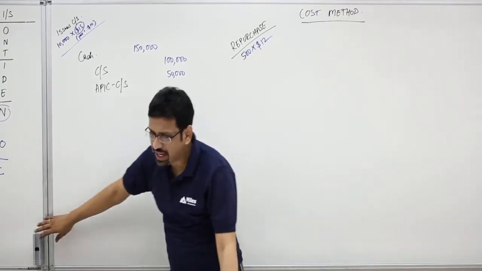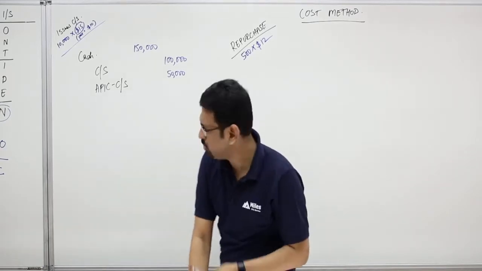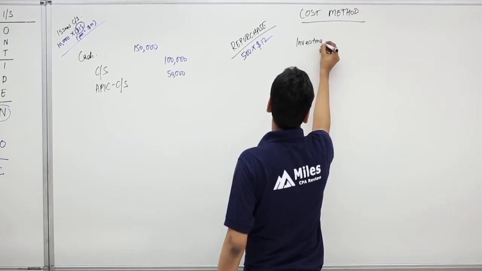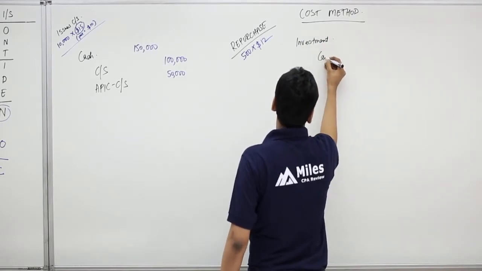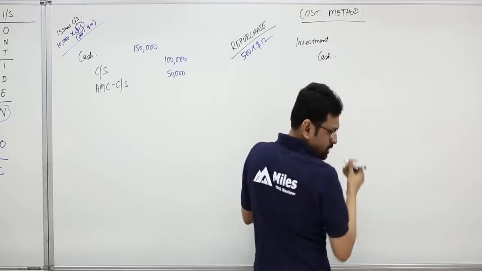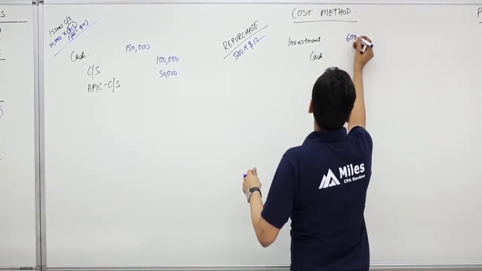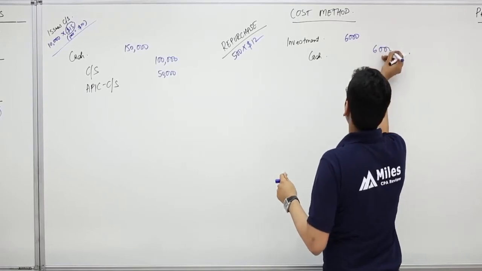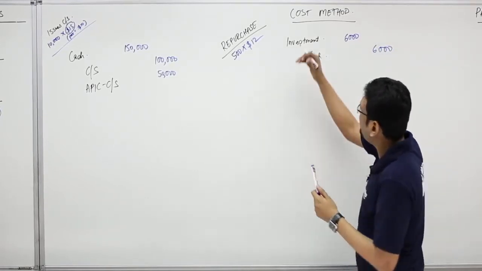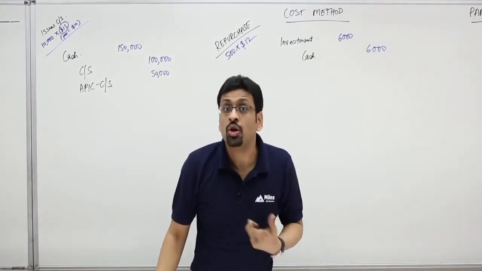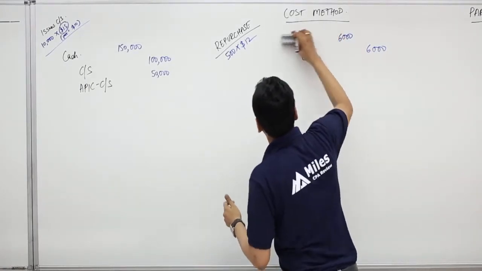So if you had made an investment in some stock, your journal entry would have been investment debit and cash credit. So the investment would have been for $6,000. Cash went out 6,000. But you haven't made an investment in somebody else. You've made an investment in your own stock. So we'll call it treasury stock.